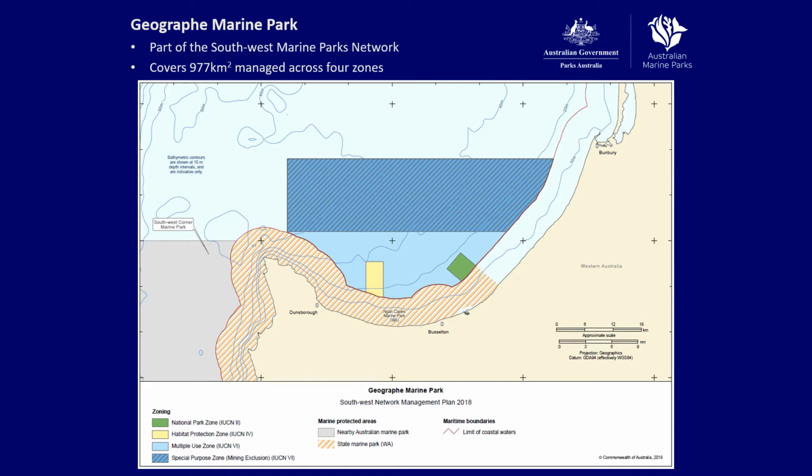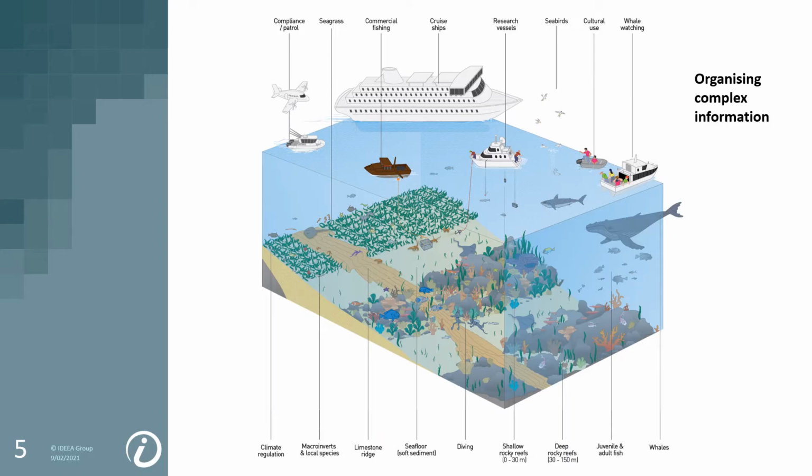What's of interest in this map is that there is a national park zone, a habitat protection zone, a multiple use zone, and special purpose zones. So there are a number of institutions that are responsible for the management of the areas, and so considering the relationship between the ecosystems across these areas was quite an important element of the project.